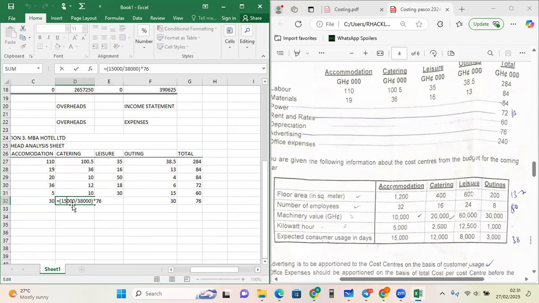And the next one is 12,000. And this one is 8,000. Then this one is 30,000.